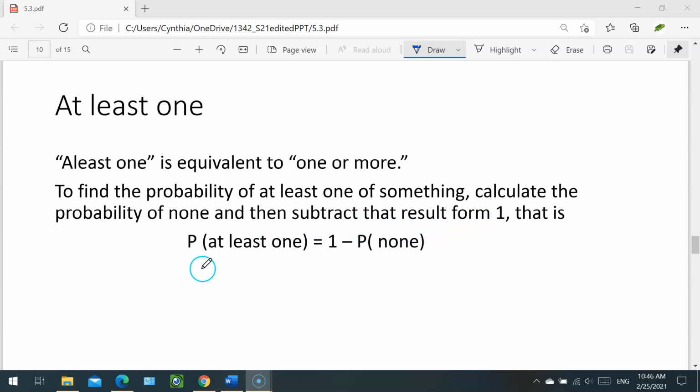That will be the probability of at least 1. So the formula for finding the at least 1 probability, we use the 1 because this is the total sum of the probability, to subtract the probability of none.